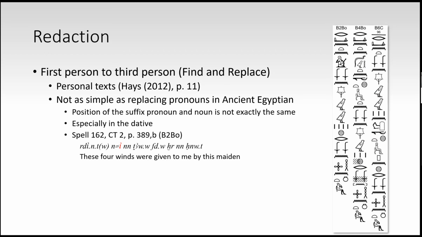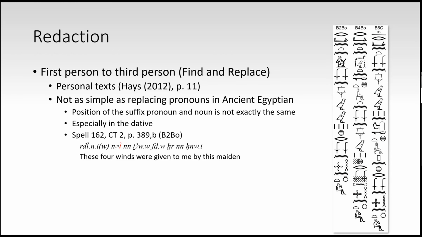And I, for myself, humorously call this find and replace, because this looks remarkably like the function as it happens in Word or any other program where you can find and replace words. And if you don't do that carefully, you will change things in your text that make absolutely no sense.